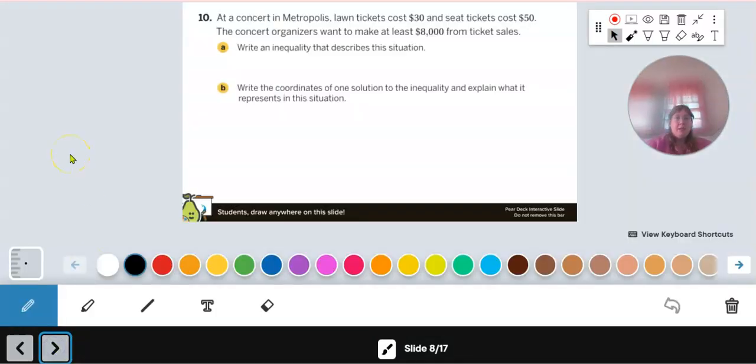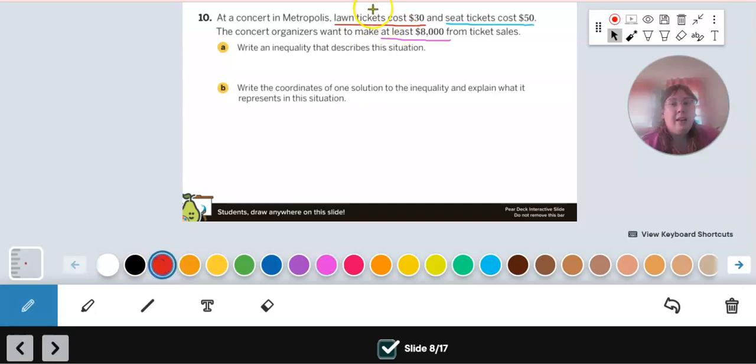At a concert in Metropolis, lawn tickets, now we know how much they cost. So lawn tickets are $30 and seat tickets are $50. The concert organizers want to make at least $8,000 from ticket sales.